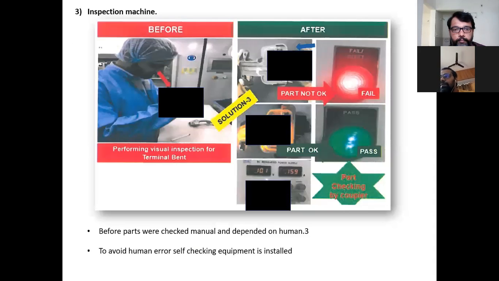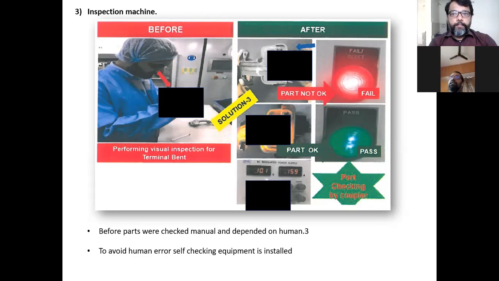And the next, as you can see, the human error was eliminated completely by implementing the inspection machine here. If the coupler connection is good, it will glow green. If the connection is not good, it will glow red. So he can easily identify which is a good part and which is not good.